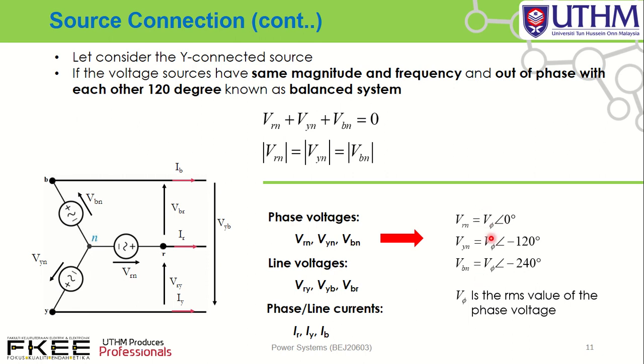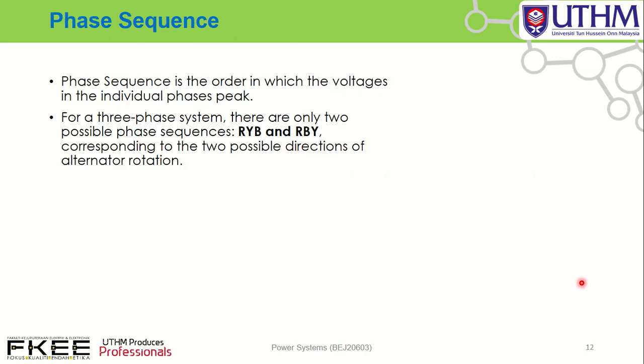Let's say we have V phase, the RMS value of the phase voltage, angle 0, and then VYN equal to V phase angle minus 120 degrees. 120 degrees different between each phase. And the third phase, VBN, equal to V phase angle minus 240 degrees, or V phase angle positive 120 degrees. Same.